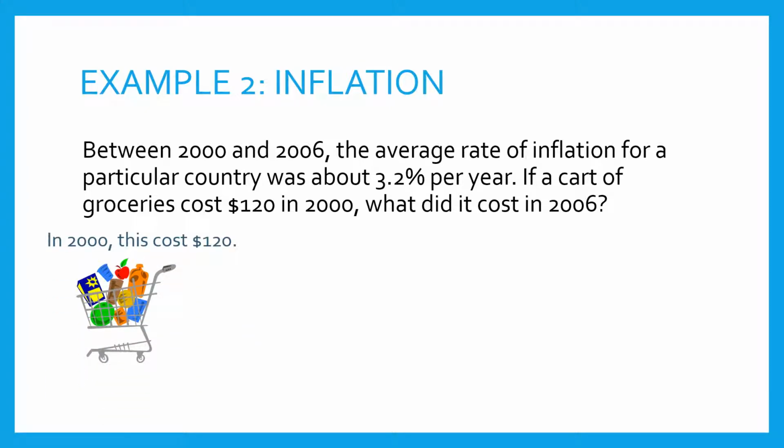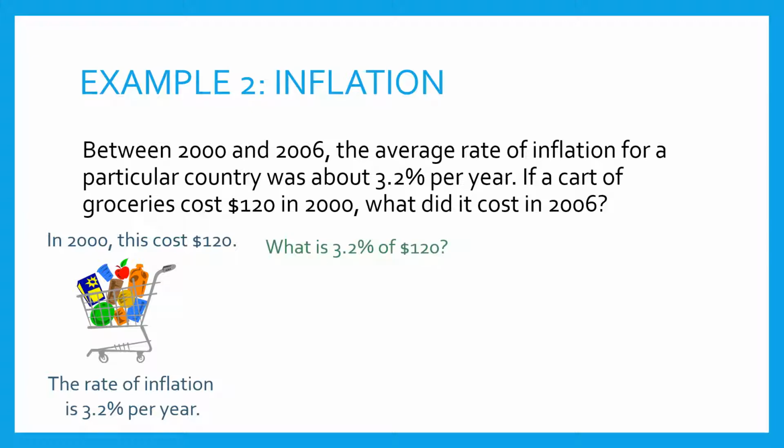All right, so in 2000, this cart of groceries cost $120. The rate of inflation is 3.2% per year. So let's figure out how much this cart is going to increase by per year in price. To do that, we need to figure out what is 3.2% of $120, because that's how much our cart of groceries cost.